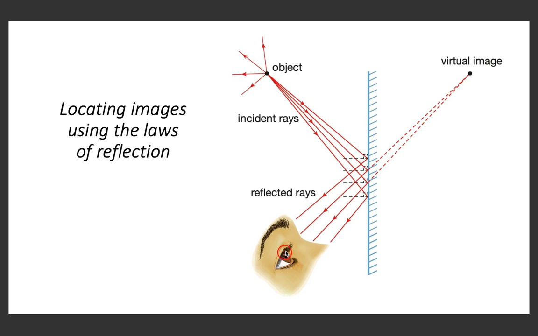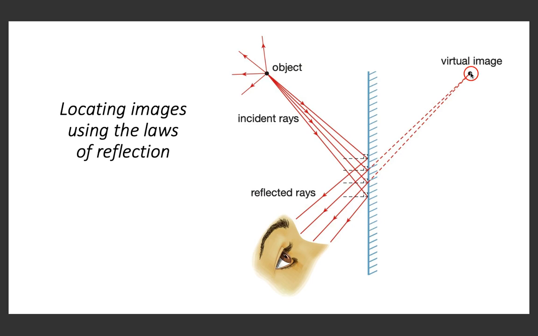So this observer is going to see an image that appears to be in this location. But is the image actually in that location? Well, no, it's not. It's actually over here. It appears to be coming from here.